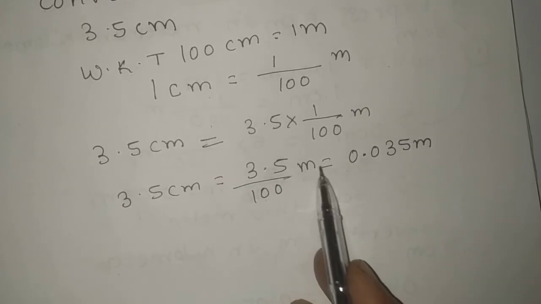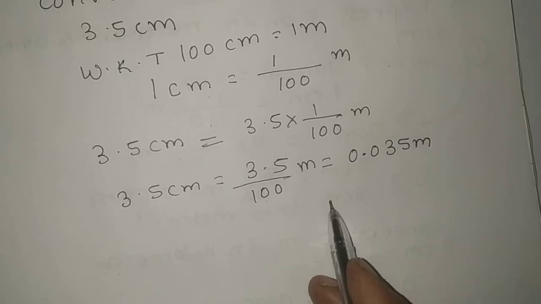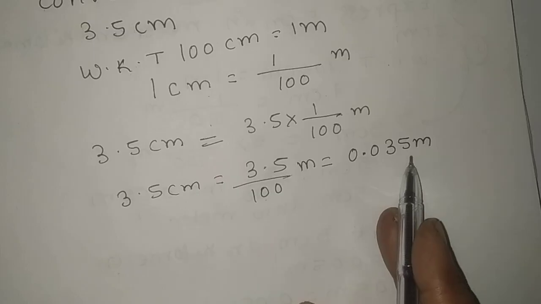So 3.5 centimeters is equal to 0.035 meters.